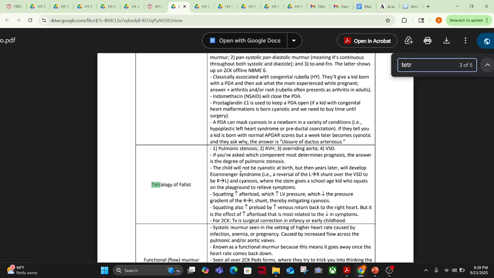And the reason the kid is cyanotic at birth is because there is a right to left shunt.